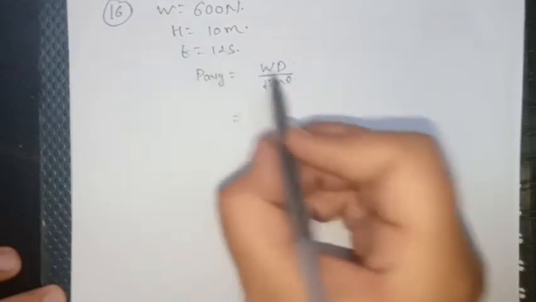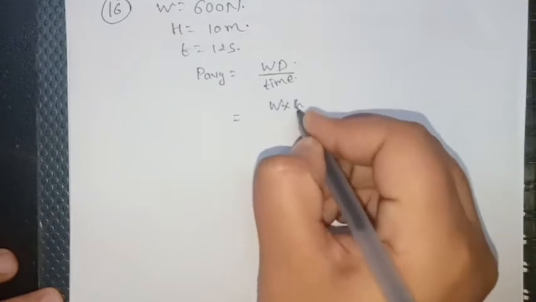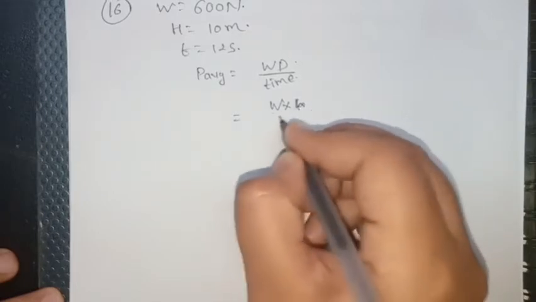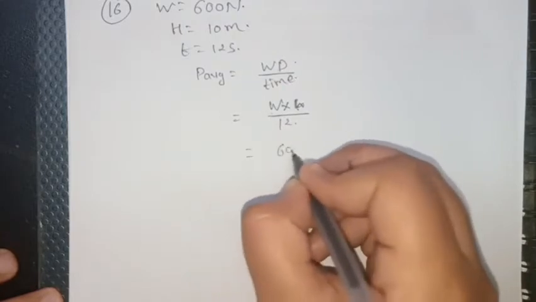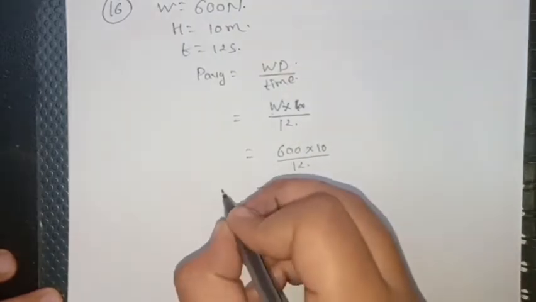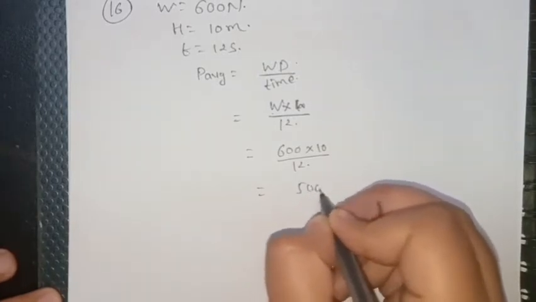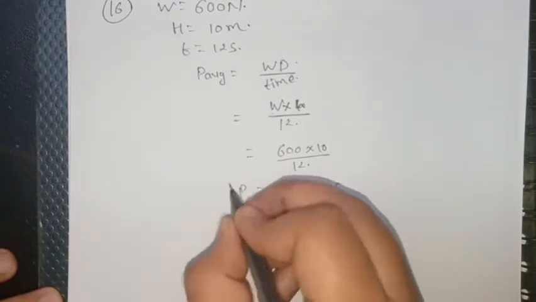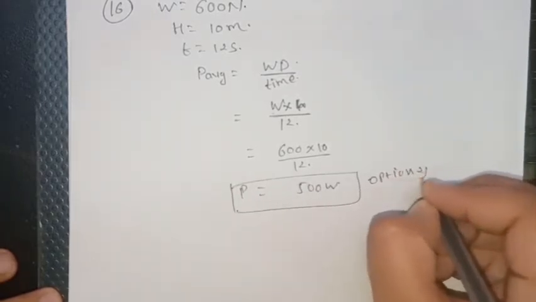Here work done by the boy is his weight into height, that is force into displacement, divided by time 12. 600 into 10 divided by 12. Simplifying this, we'll get the answer 500 watts. So option 2 is the correct option.